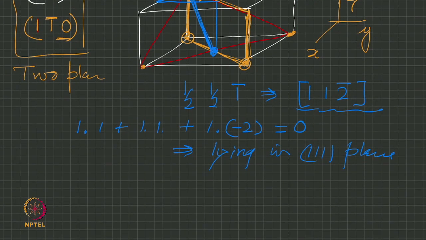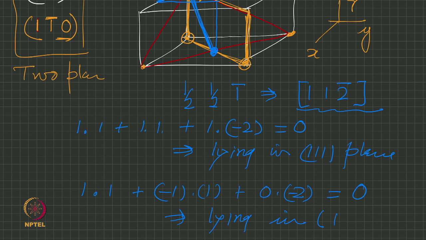And with the second one, 1 into 1 plus minus 1 into 1 plus 0 into minus 2 also gives you 0. So, that is a check on the geometrical answer that we have not made any mistake, we are on the right track.